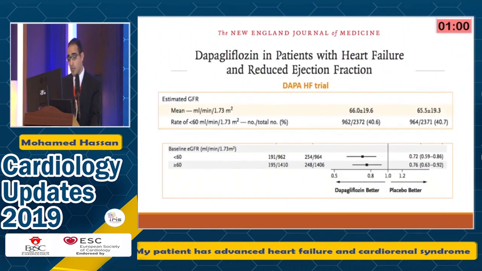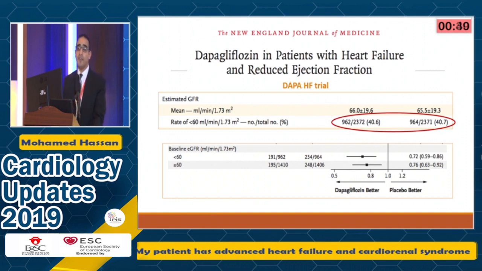And the beneficial effect of dapagliflozin on mortality and heart failure hospitalization exists even if the glomerular filtration rate is less than 60, but we know that it's contraindicated, or it cannot work, if the GFR is less than 30.